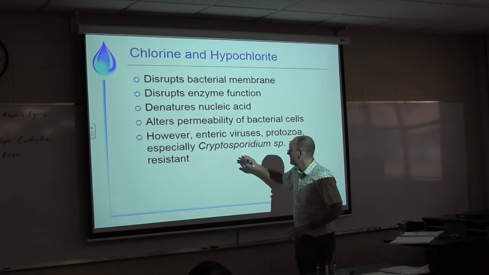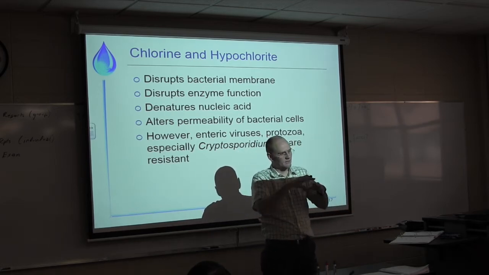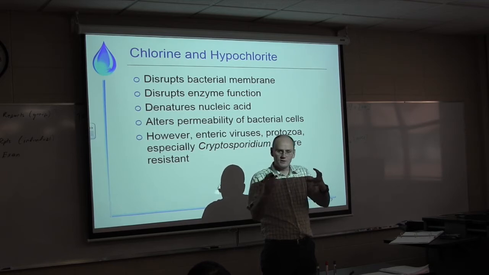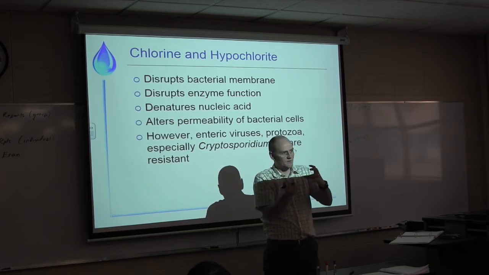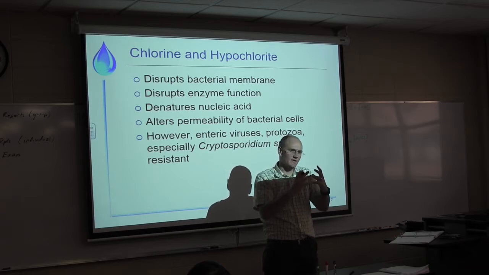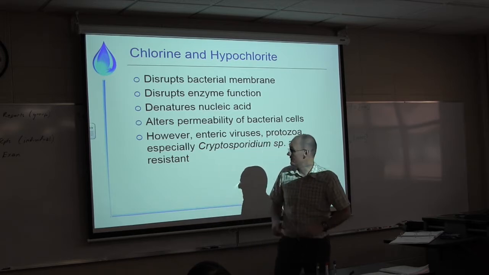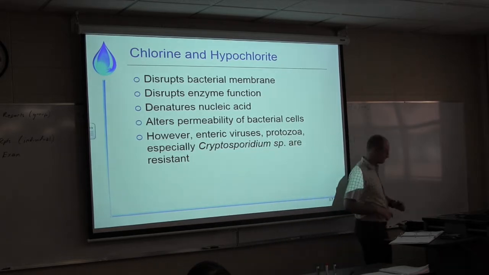And so with that, it also has like a skin or a shell around it. The chlorine will sort of just interact with that shell and that skin, and it'll use up the chlorine without really damaging the internal components of the cell. So you end up having to increase your concentrations to be able to kill crypto.